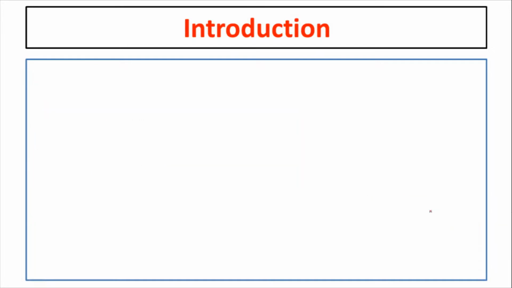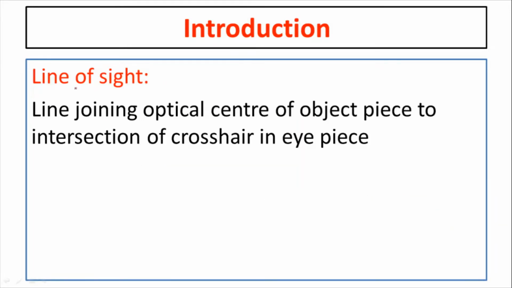Then the next one is the line of sight. What is the line of sight? If you take the telescope, it consists of an eyepiece and an object piece. On the eyepiece you can see the crosshairs like this, and in the object piece there will be the optical center.